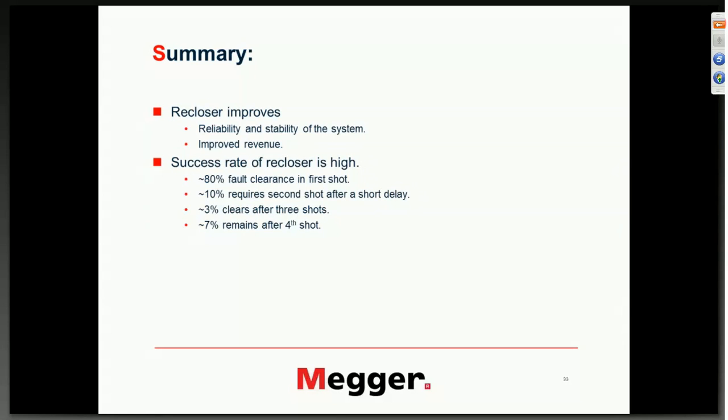Only 7% of the faults remain after the four-shot lockout. 80% of your faults are transient faults, so they clear within a couple of seconds. If you have a recloser in your system, it automatically recloses and your system is restored again. That's the most important thing we saw.